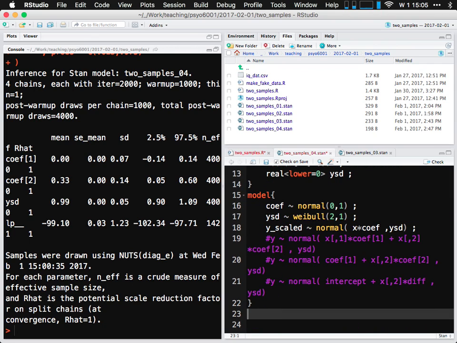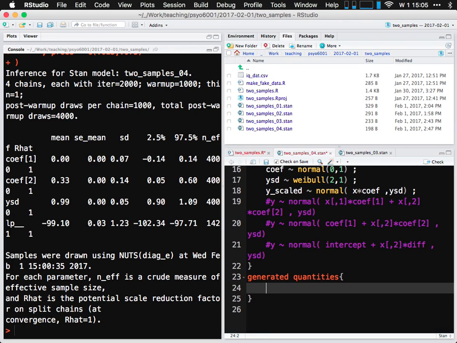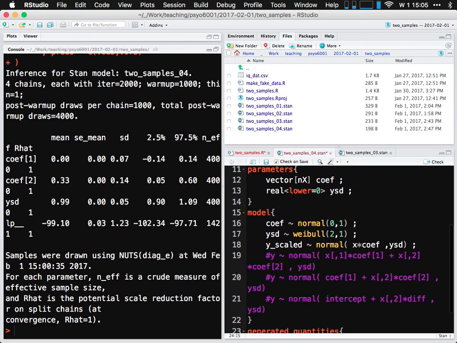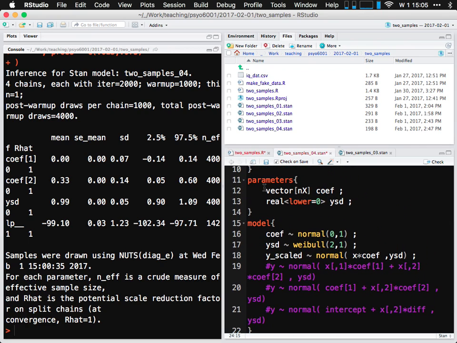But afterwards, we can have a final section here, generated quantities. So we can say coef unscaled. I guess I had vector nx coef.